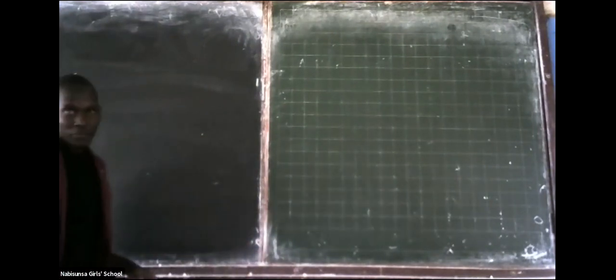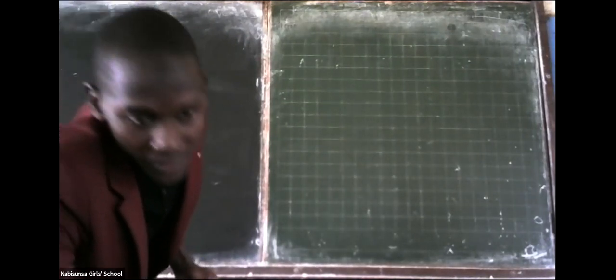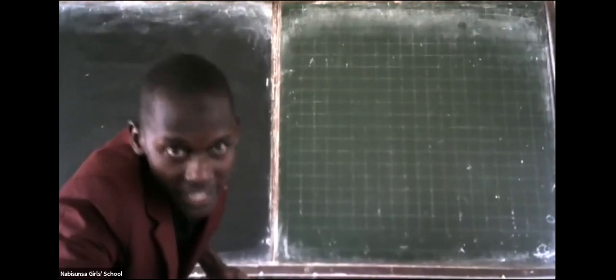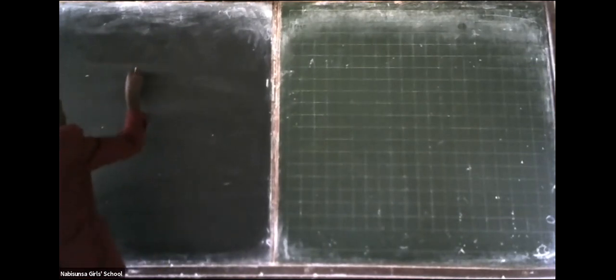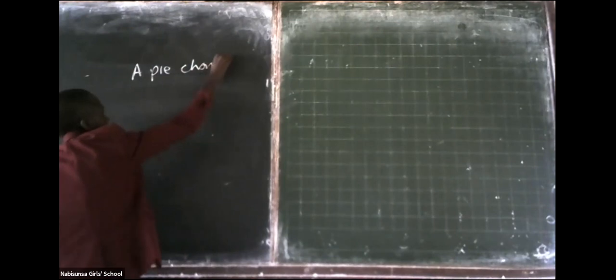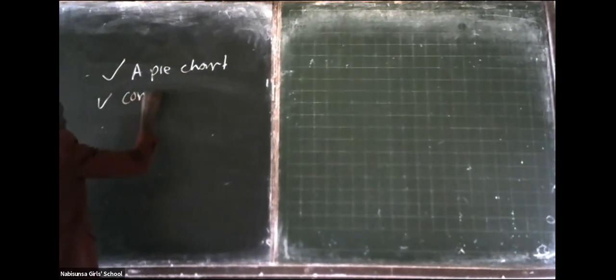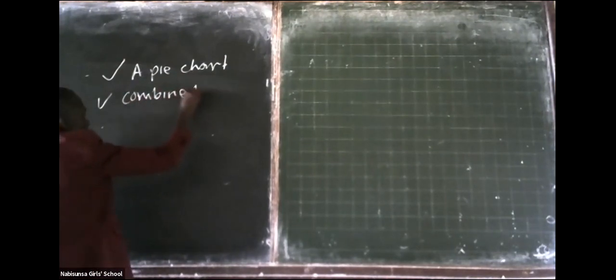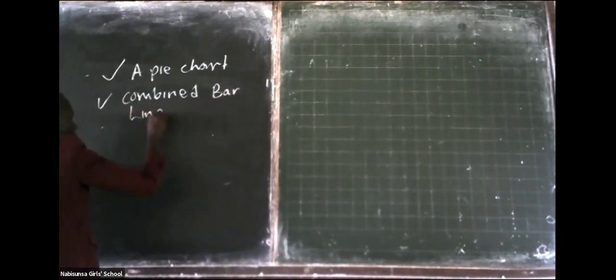Remember, in geography there are four graphs. We have a pie chart, that's the first one. Then the second one, we have a combined bar line graph.